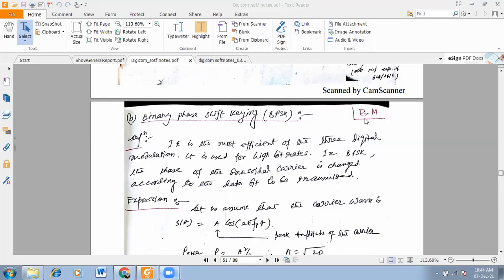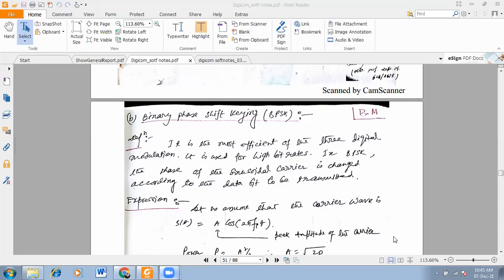The signal for logic 1 and the signal for logic 0 should have some phase shift phi, which here must be 180 degrees. First we take one carrier, which is A_c cos 2 pi f_c t, where A_c is the amplitude of the carrier wave and f_c is the frequency of the carrier wave.